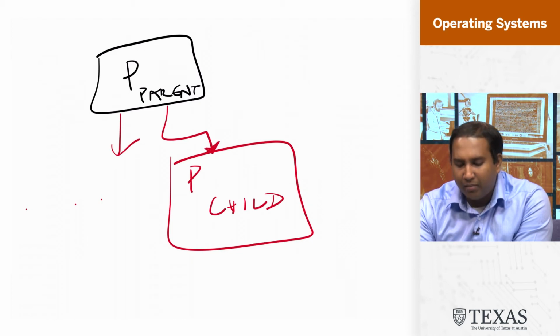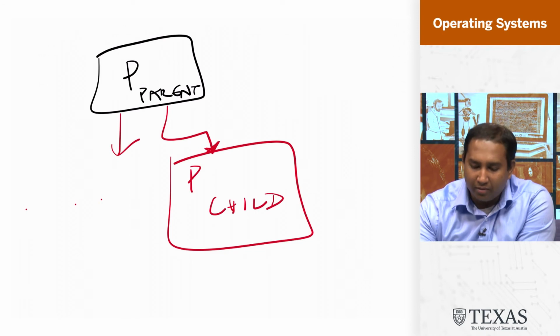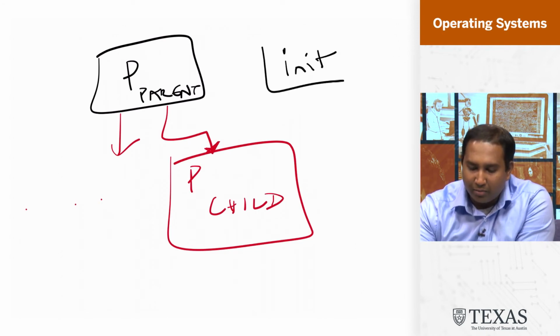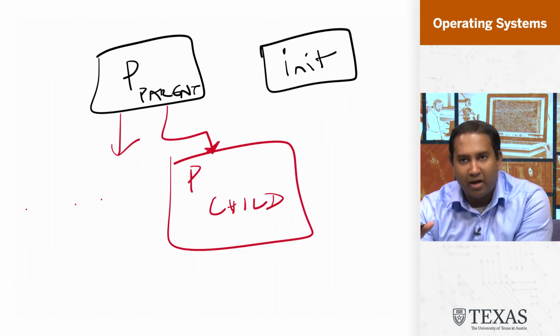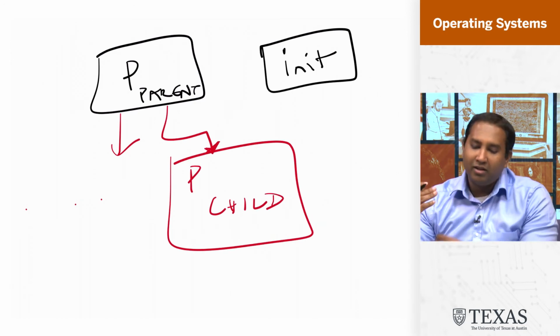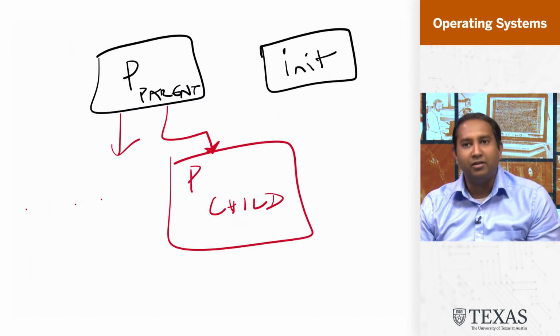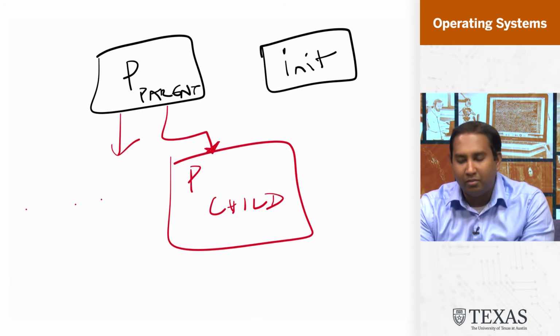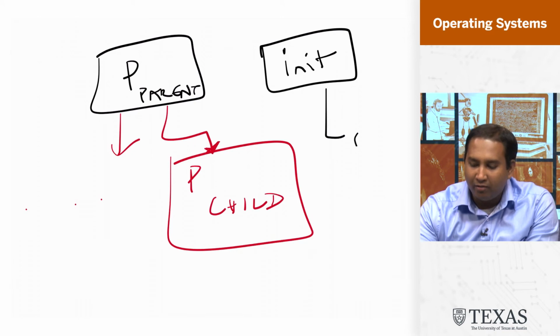The reason for this is that if you look at your operating system, initially there is usually only one process in Linux at least. It's called the init process. This process is the parent, or at least ancestor, of all the processes that you're going to run on your Linux operating system. At the start, there was only init, there was nothing else, and all the different processes in your system, like your shell, for example, are children of init.